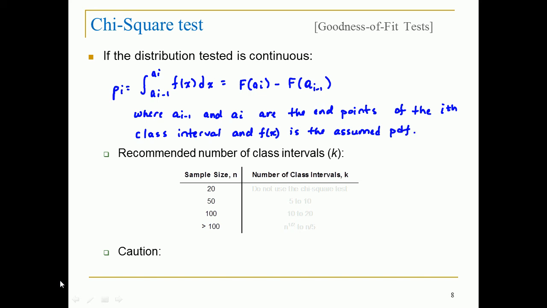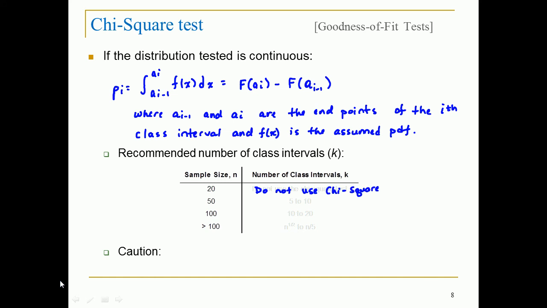Okay? So in terms of the number of class intervals that you're going to need for your chi-square test, here I have a table of the recommended number of class intervals that you can have based on your sample size. So if you have 20 data points, so if n is equal to 20, do not use chi-square.